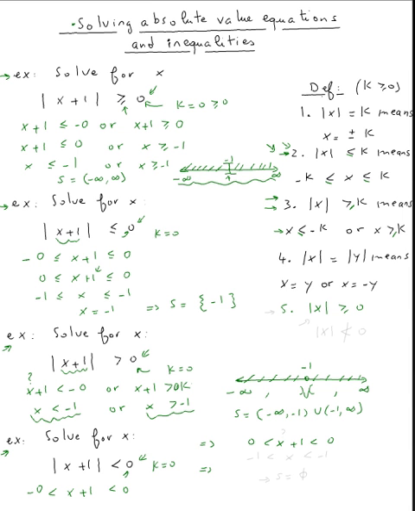Now let's solve for x. Subtract 1 from all sides. This will be x, and this will be negative 1, and this will be negative 1.